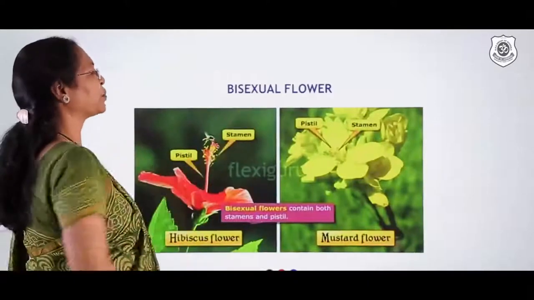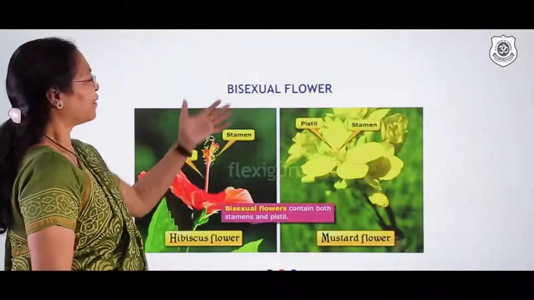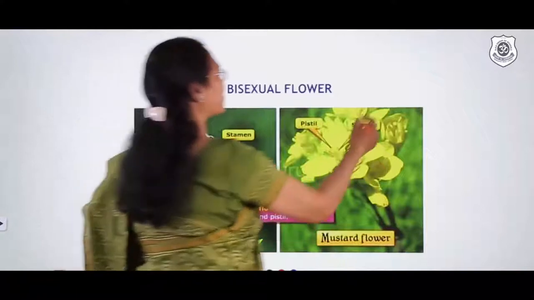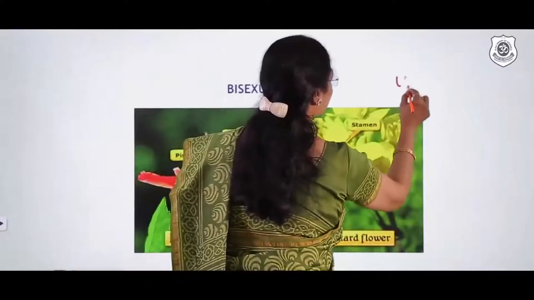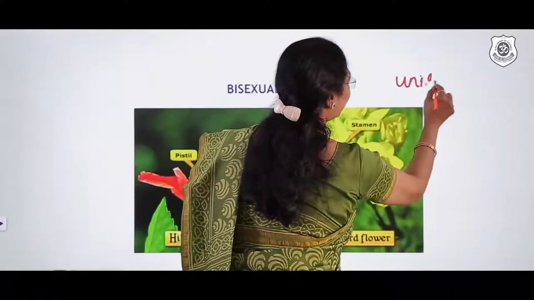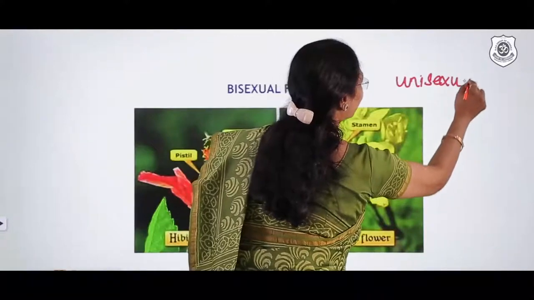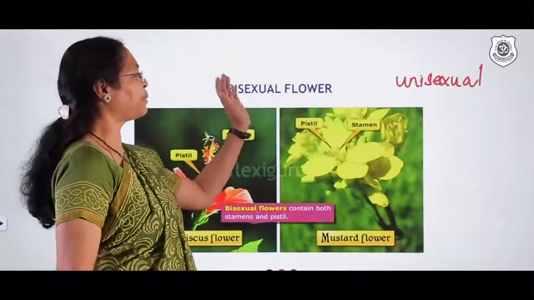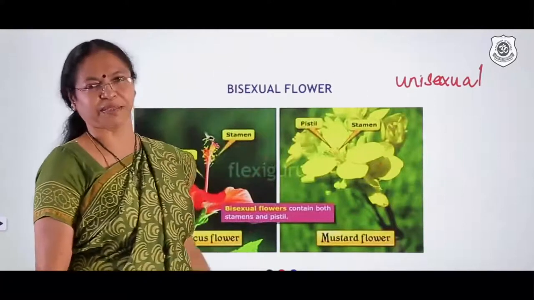I'm now coming to the two different types of flower. The flower can be a bisexual one, or the flower can be a unisexual one. We can call flowers either bisexual or unisexual. Now what do you mean by bisexual and unisexual?